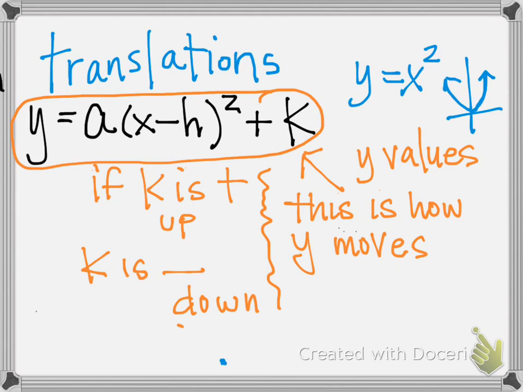It tells you how y moves. The y values move. If k is positive, it's going to move up. If k is negative, the graph will move down. So if k is positive, it moves up, and if negative, it's going to move down.